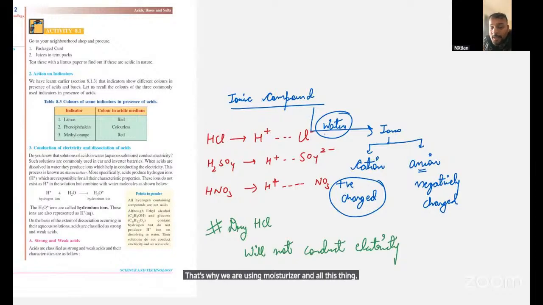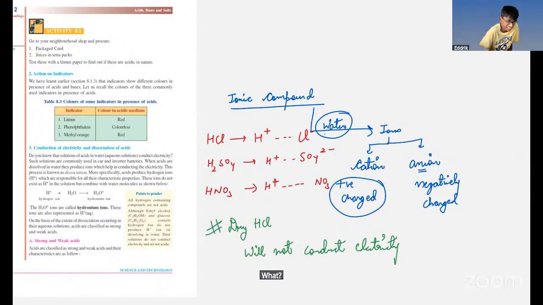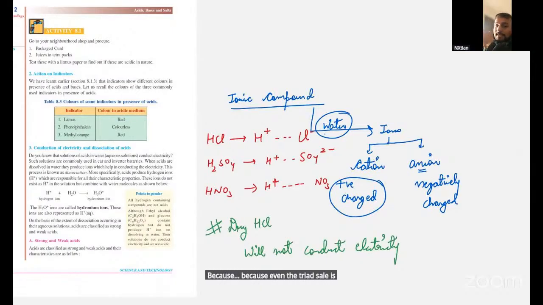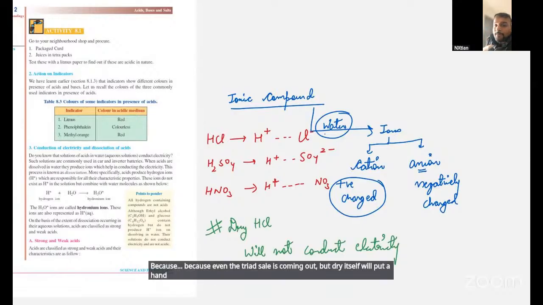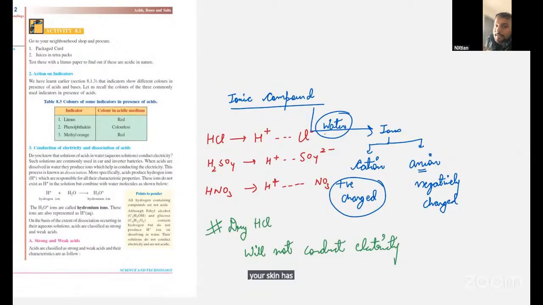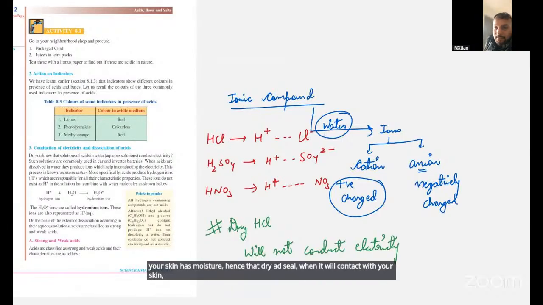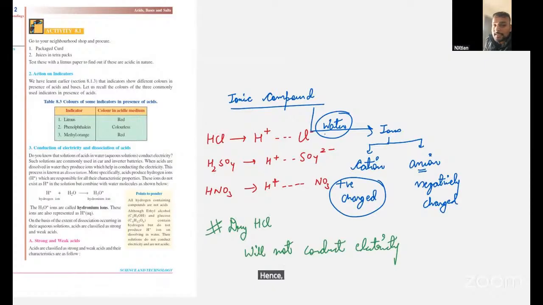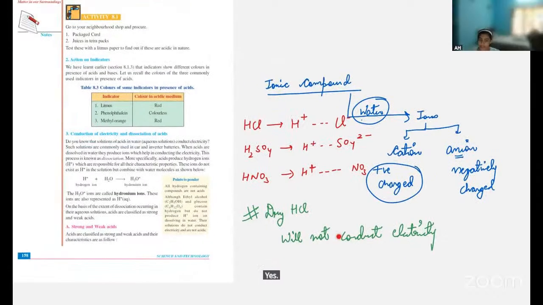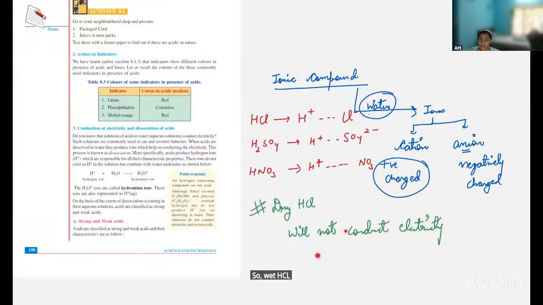Even though it is dry HCl coming out, if you put a hand in front of it, your skin has moisture. Hence when dry HCl contacts your skin, ions form and acidic character will be there, and you can see the bones directly. So wet HCl is more dangerous than dry HCl.